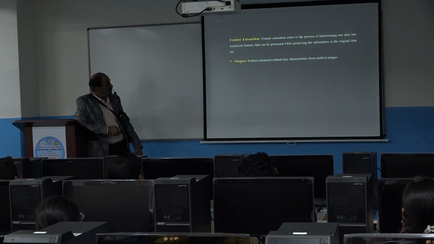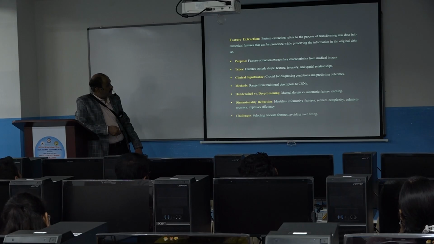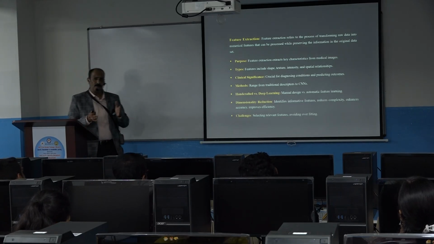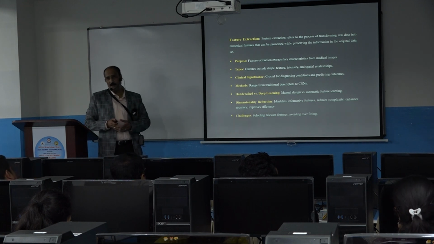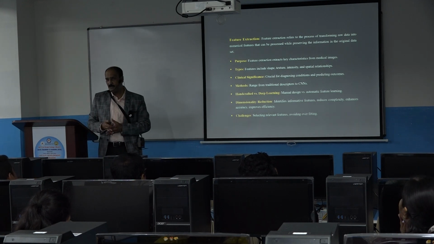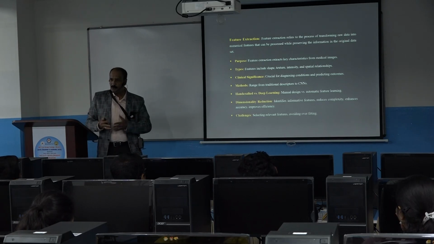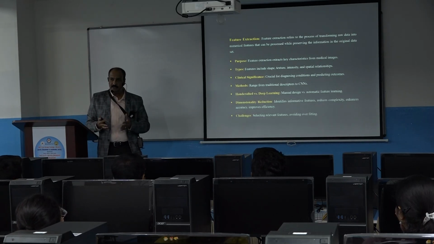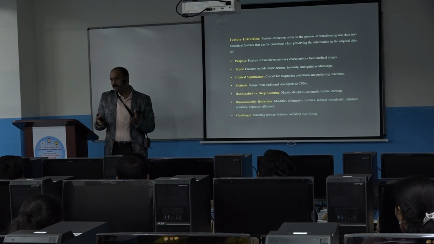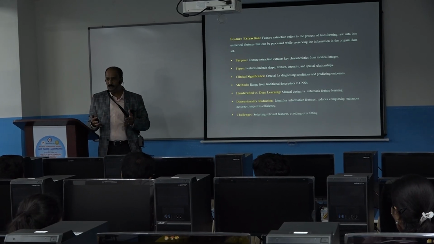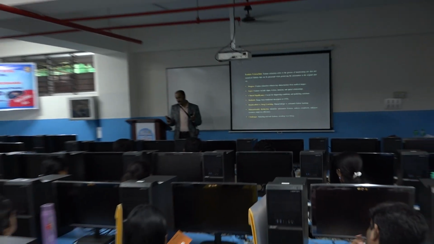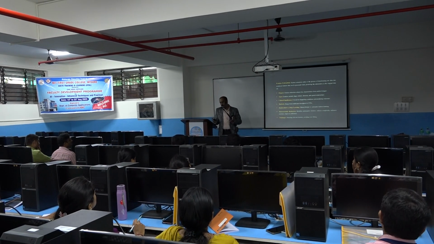The next point related to this is feature extraction, which is the very interesting part of any artificial intelligence tool, and particularly machine learning. If we want to learn something, then definitely the features are the attributes which characterize that particular image, whether it is diseased or not diseased, whether it's malignant or benign.